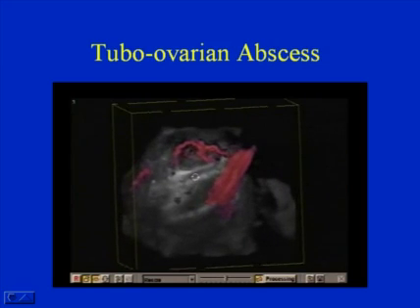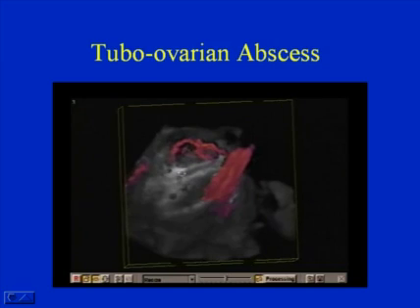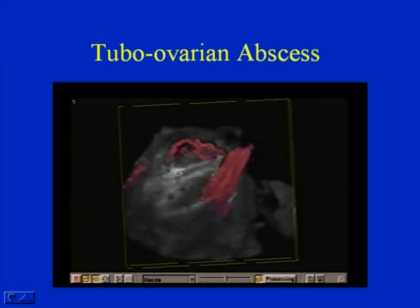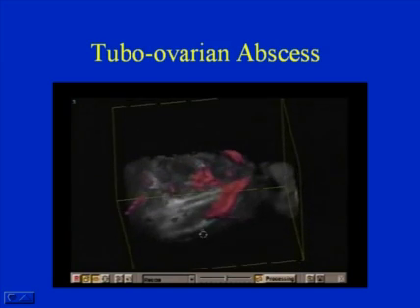Here's the large ovarian mass with the central vessels feeding the walls of several small locules. And by sculpting and doing so-called electronic bloodless surgery, we can see inside the lesion. So we took the top off and are now looking down into the lesion.